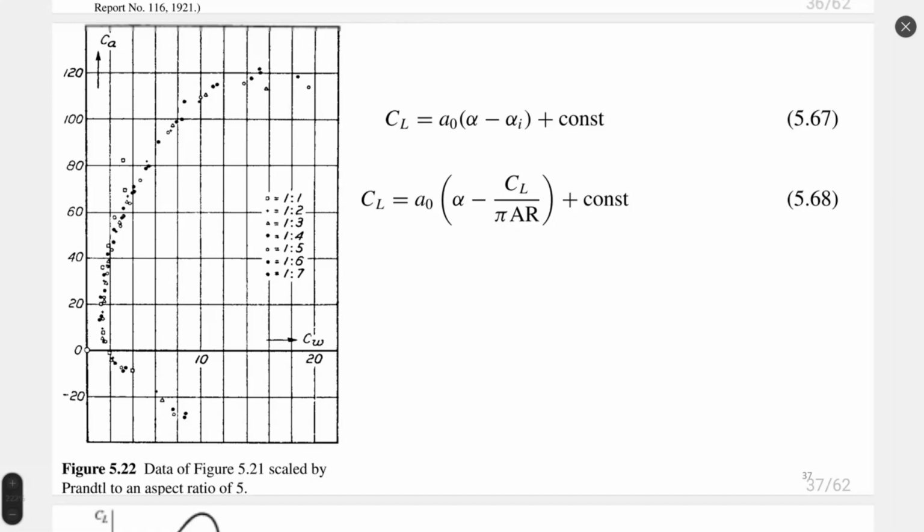You can see that we can recalculate one wing to another wing according to this diagram here. Prandtl used different wings, and they are basically represented on the same curve. So we can use any wing to calculate another wing of different aspect ratio, and you will have very nice accuracy of recalculation of one wing to another.